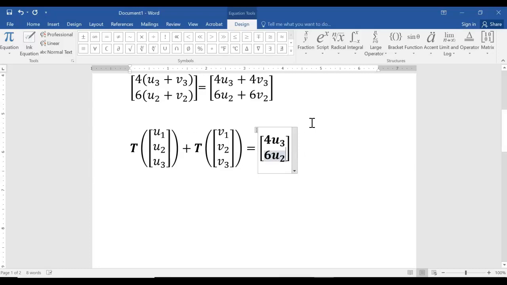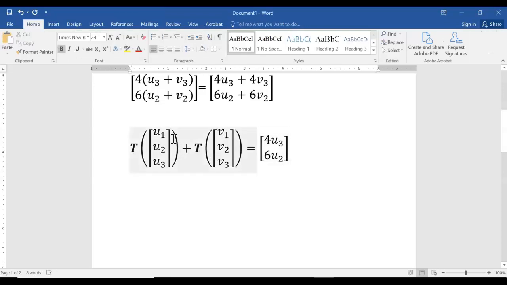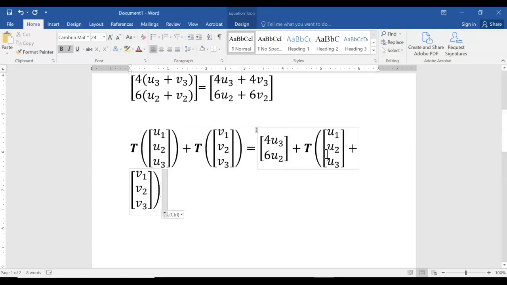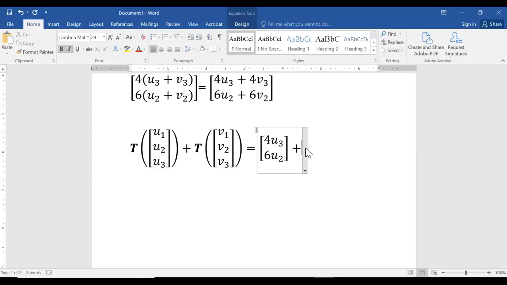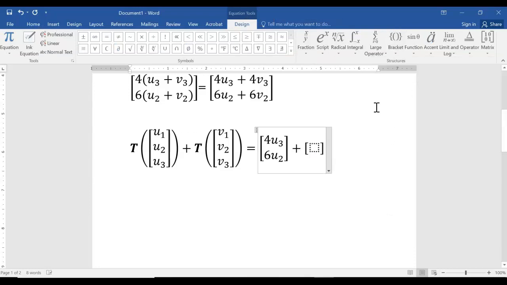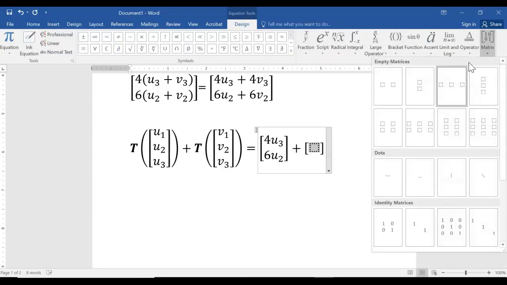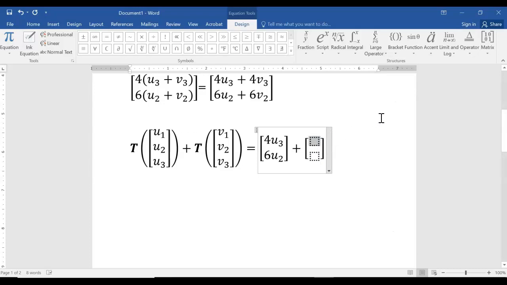That'll be the output you get from this piece, and then we're going to add the output you get from this piece. The output that you get from that piece is going to be another two-dimensional vector. It is going to be 4 times v3, 6 times v2.